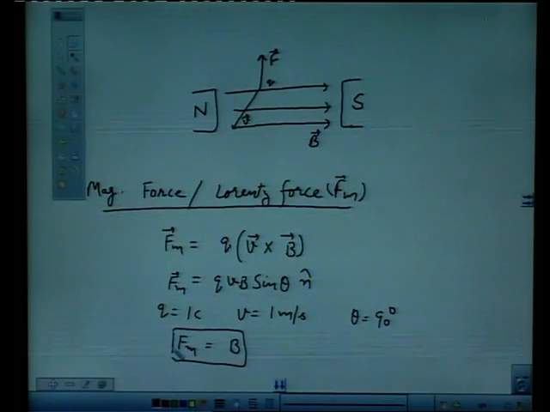So we can say that magnetic field is equal to magnetic force whenever a charge of 1 coulomb is moving with a velocity 1 meter per second perpendicular to the given magnetic field. So, this is the definition of magnetic field.